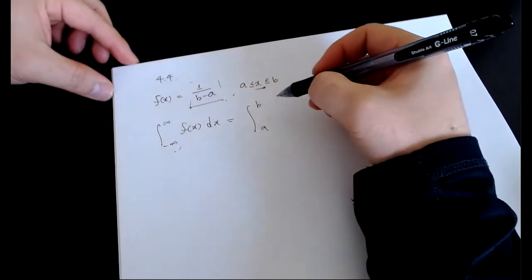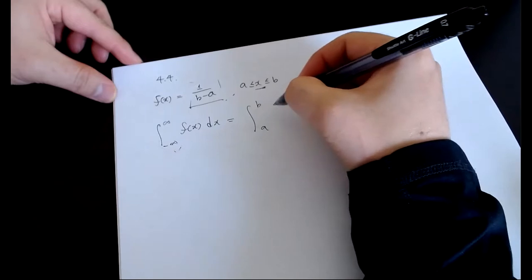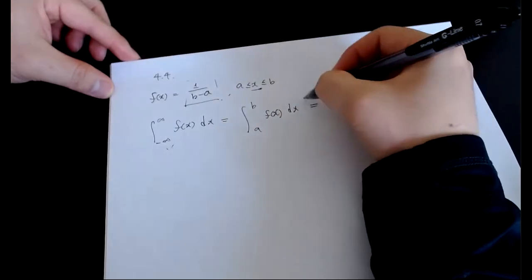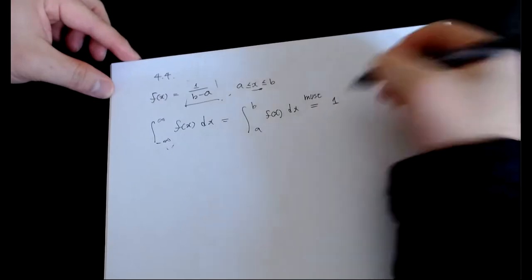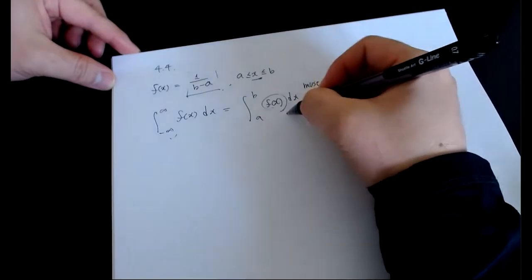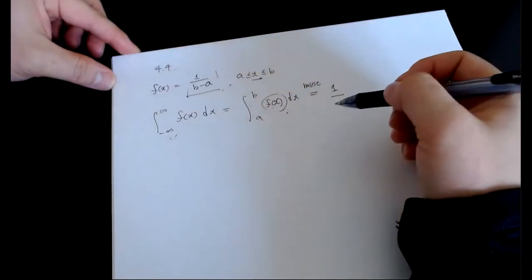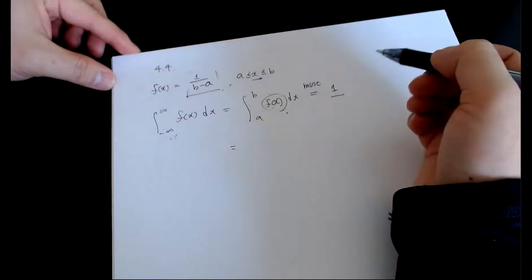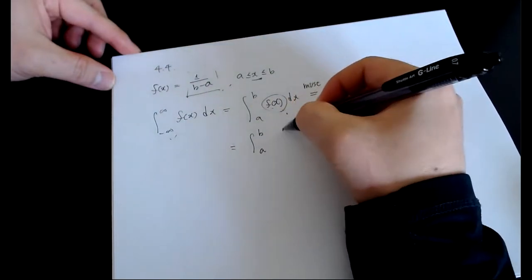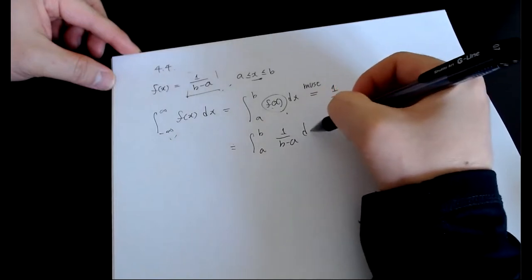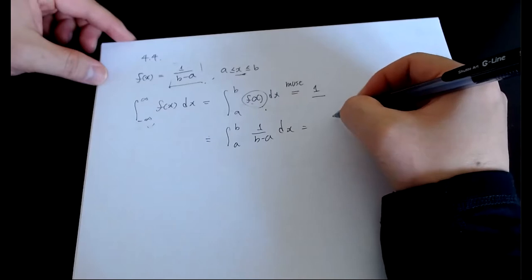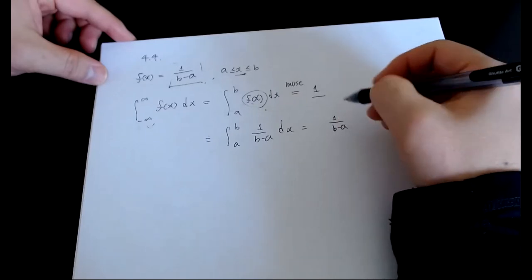Okay, and now we have the integral of f of x dx. That must be equal to 1. To get 1, f of x must be defined by 1 over b minus a, because when you plug in 1 over b minus a, we get 1 over b minus a times x.